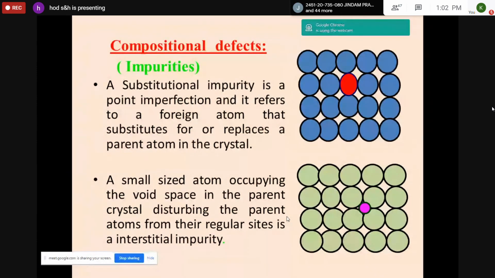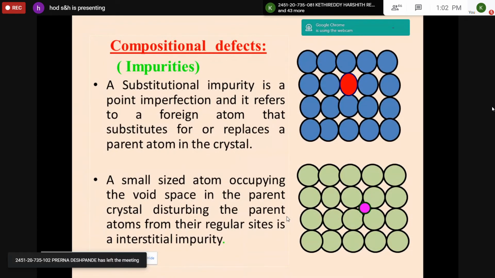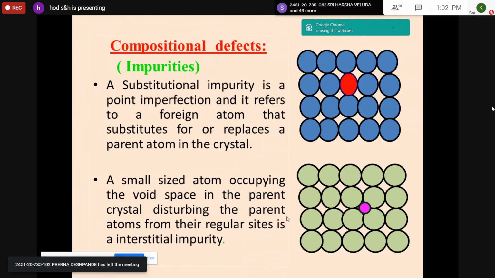Diagrams are for practicing sake, because you can take a screenshot, I know, but then you only see it with your eyes. For the exam, to reproduce it, once you write it on paper, I think it will be convenient for you. The red colored one, mark it as substitutional impurity, and the pink colored one in the second case, mark it as interstitial impurity.